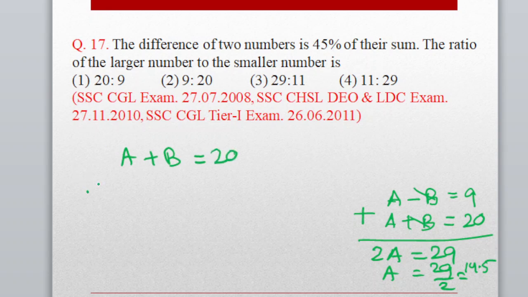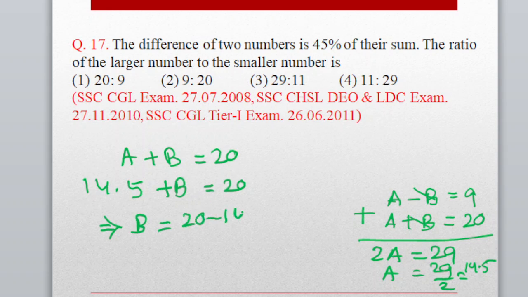So A is 14.5 plus B, so that is equal to 20. This implies B is equal to 20 minus 14.5, so that is equal to 5.5. Now we have to find the ratio of the larger number to the smaller number.